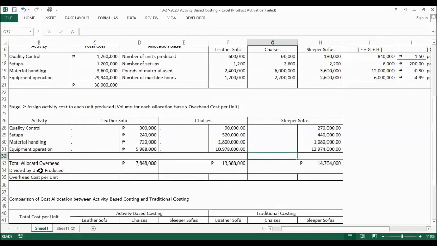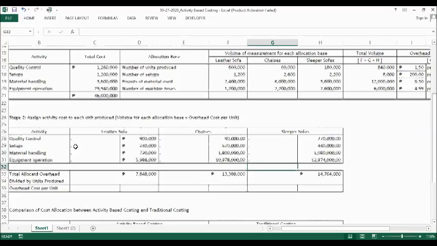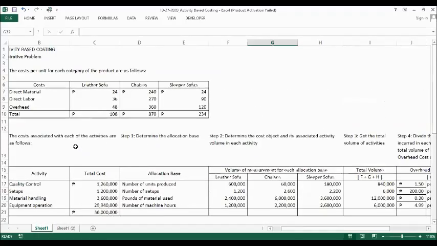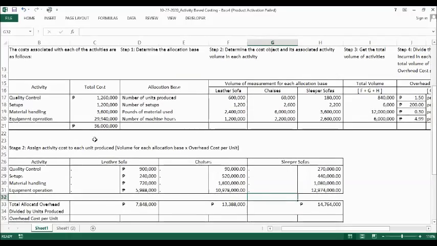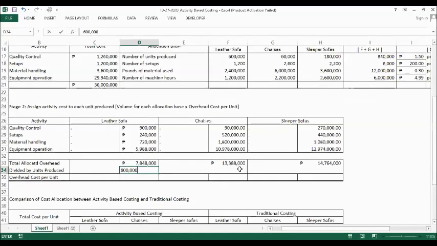So we divide it by the number of units produced. Ilan ba ang number of units produced? Yan. Di ba ito rin? So divided by, so ito ay ilan? 600,000. Therefore, sa leather sofa, 13.08.